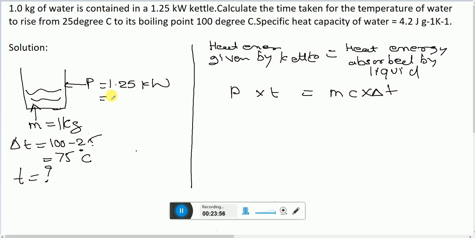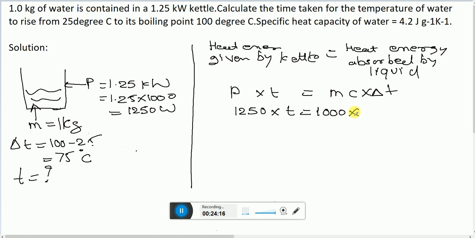Power they have mentioned as 1.25 kilowatts. So let's convert this into watts. That is 1.25 into 1000, which is equal to 1250 watts. So this is 1250 multiplied by time. Mass is 1 kg, which is equal to 1000 grams. C they have mentioned as 4.2. And temperature difference we have found, which is equal to 75 degrees centigrade.